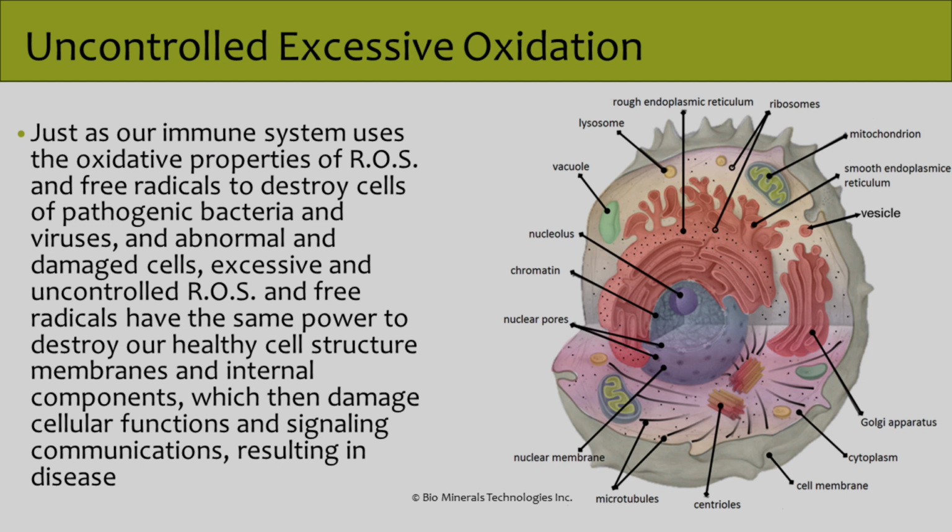Just as our immune system uses the oxidative properties of reactive oxygen species and free radicals to destroy cells of pathogenic bacteria and viruses, and abnormal and damaged cells, excessive and uncontrolled reactive oxygen species and free radicals have the same power to destroy our healthy cell structure, membranes, and internal components, which then damage cellular functions and signaling communications, and this will result in disease.